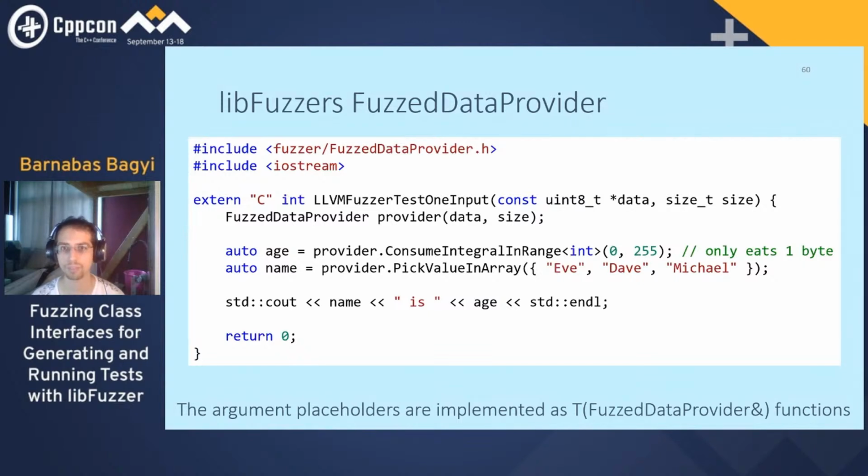And this is a neat tool in my opinion, and its flexibility and ease of use is the reason why I've implemented argument placeholders as functions taking a reference of fuzz data provider and returning an instance of the type that we want to placehold for. This means that it can be easily extended by anyone if a type that your method might take is not supported by default by the auto test library.